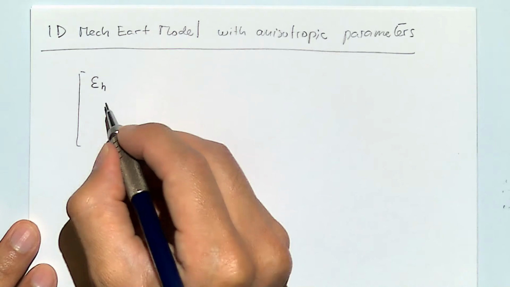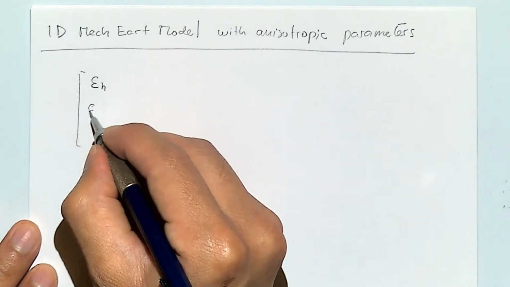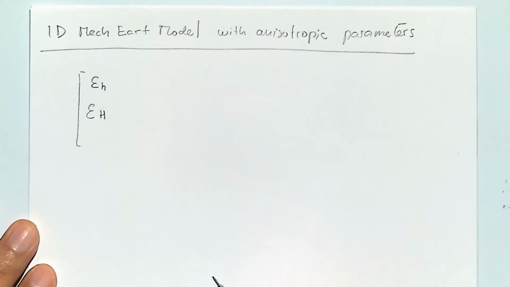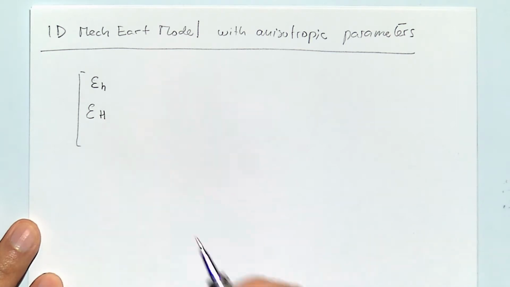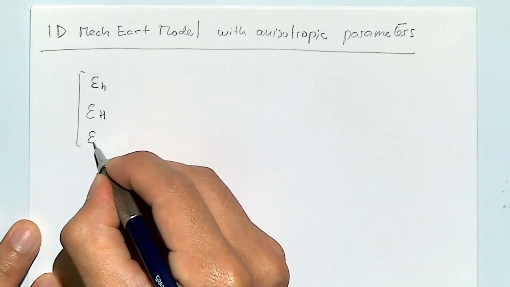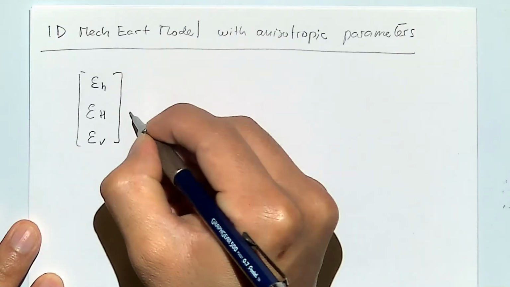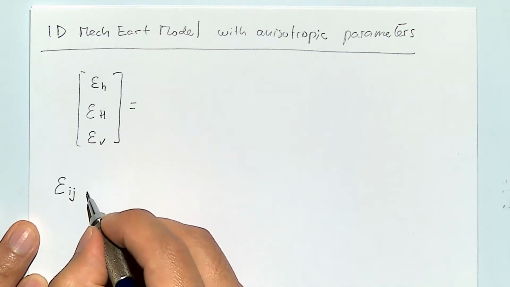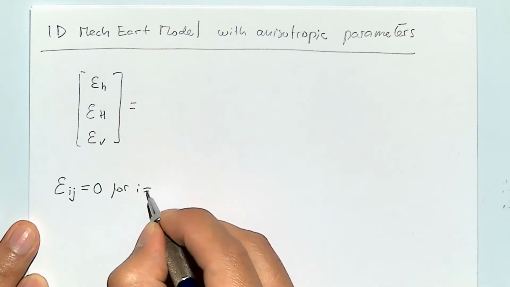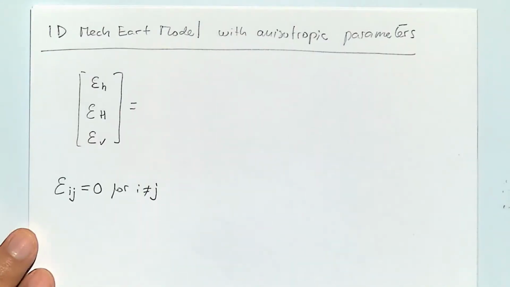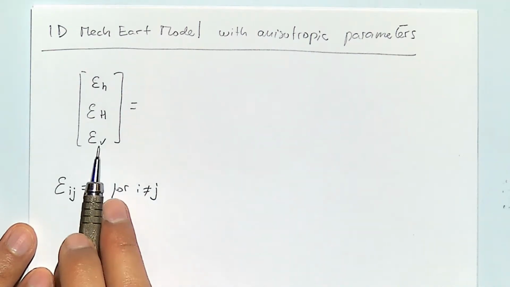So I'm going to have here the minimum tectonic horizontal strain, here the maximum tectonic strain. I'm just going to refer to them with h lowercase and uppercase, and here I'm going to have the vertical strain. I'm going to neglect the shear strains because I'm going to assume that vertical stresses and horizontal stresses are principal stresses, and I don't have any shear stress or strain.